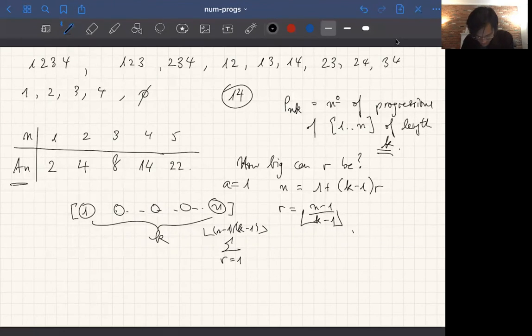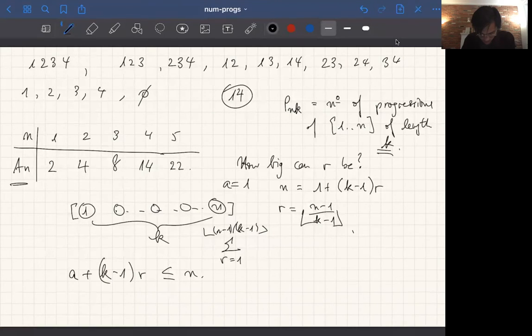A can't be smaller than 1 because it's the numbers 1 through n. And we just need to make sure that A plus k minus 1 times R is less than or equal to n.